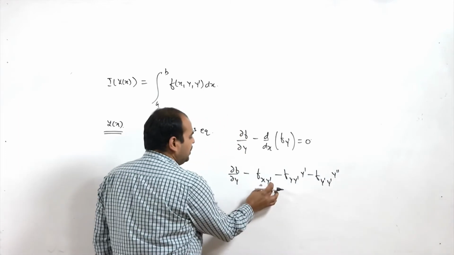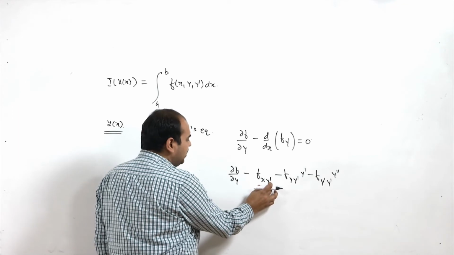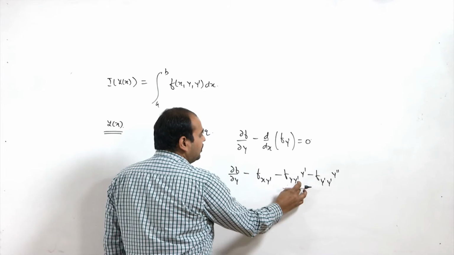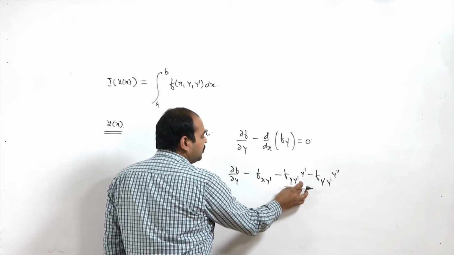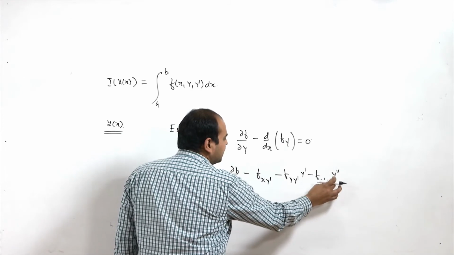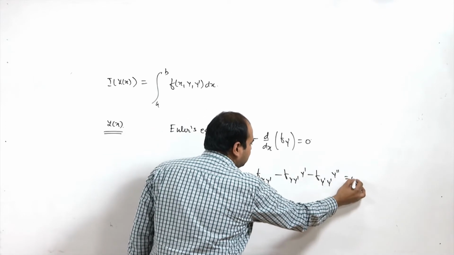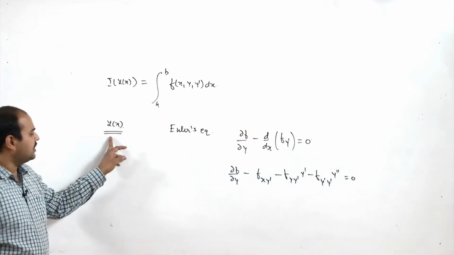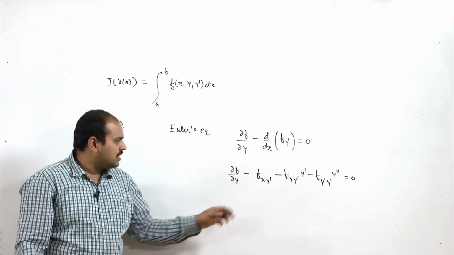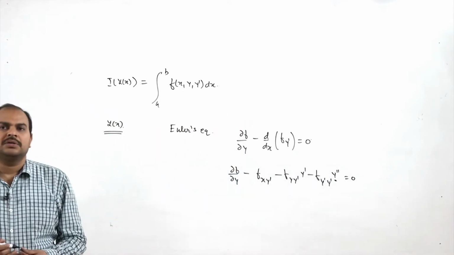Here I am assuming that f of y dash is a function of x, so we differentiate with respect to x, and as a function of y and y dash, so we differentiate with respect to y and y dash, and f of y dash y double dash is equal to 0. So if y of x is extremal, it must satisfy this differential equation, which is a second order differential equation in the variable y.